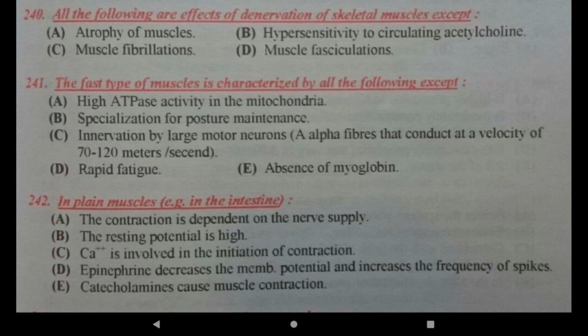Long distance runners have a higher proportion of slow twitch muscles, the red fibers, which have a relatively higher myoglobin concentration, less fatigue rate, are innervated by smaller motor fibers, and have lower ATPase activity.